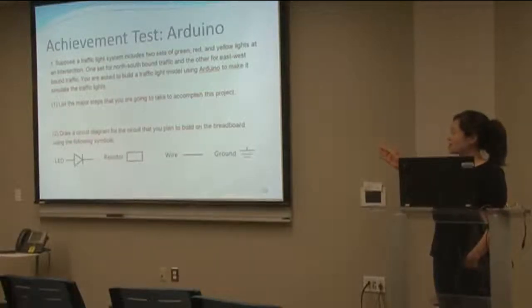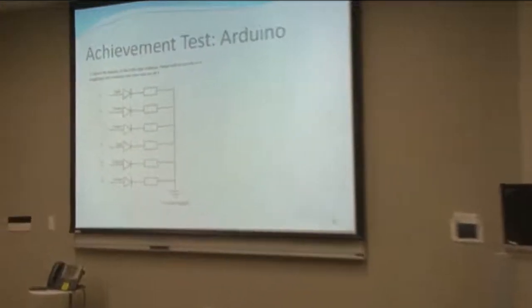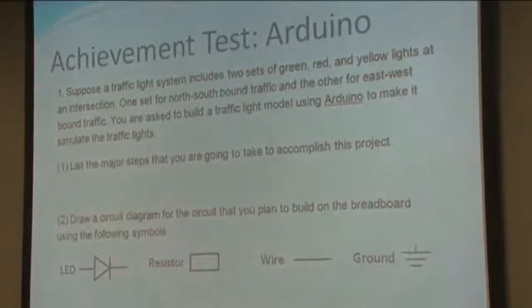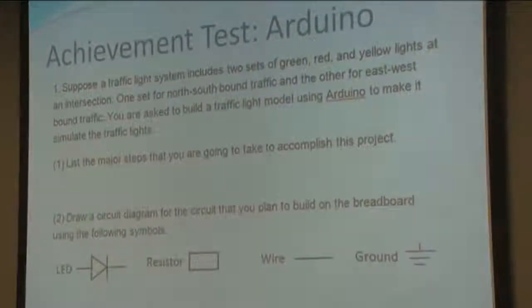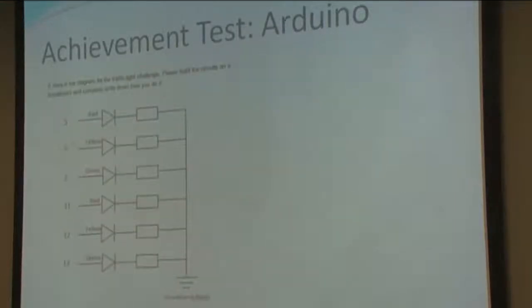During this assessment, basically they need to use different CT skills and their knowledge about the Arduino to solve the problem. So the first one, we ask them to draw the diagram. On the first page, after they are done, we collect the paper. Then we hand out the next page.